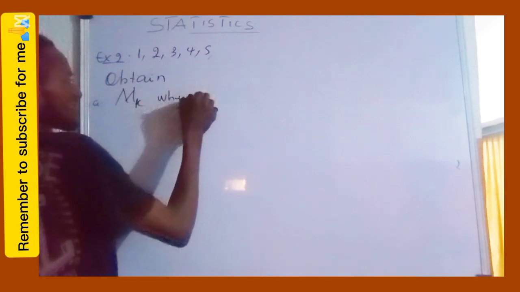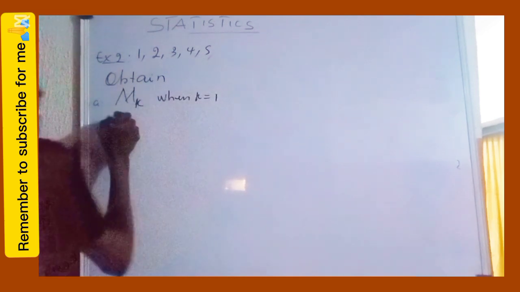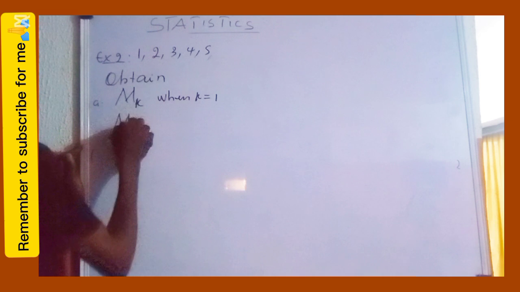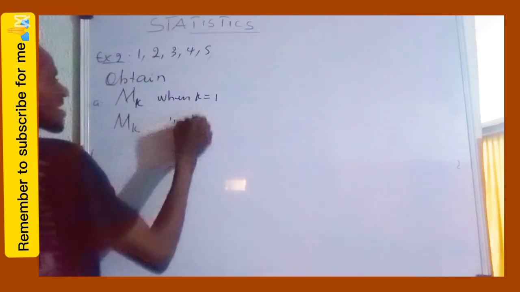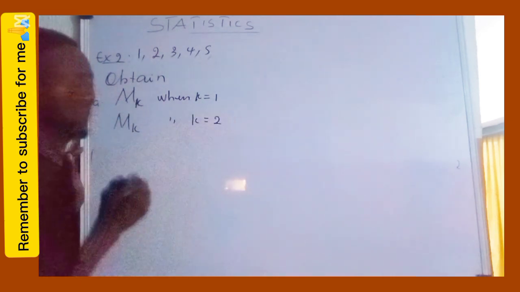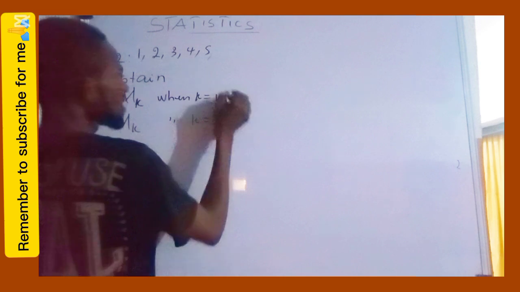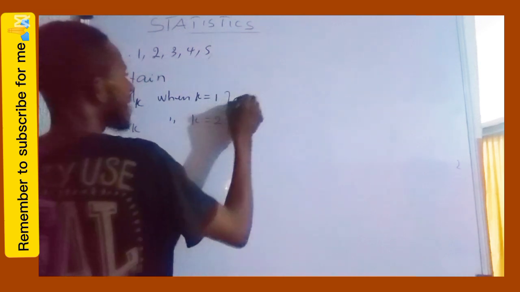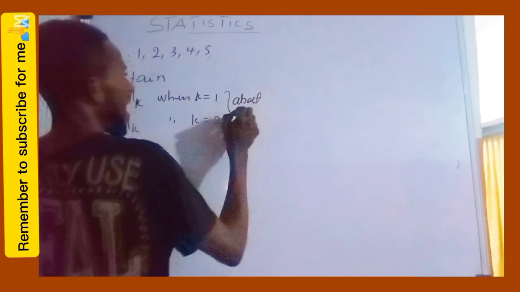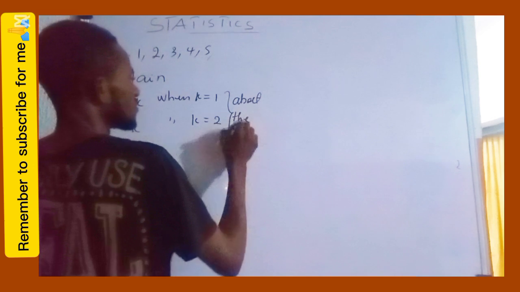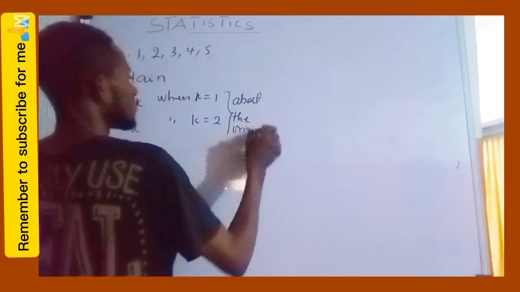They mean the same thing. And then they ask you M2, M_K when K is equal to 2. This 2 here is talking about the origin.